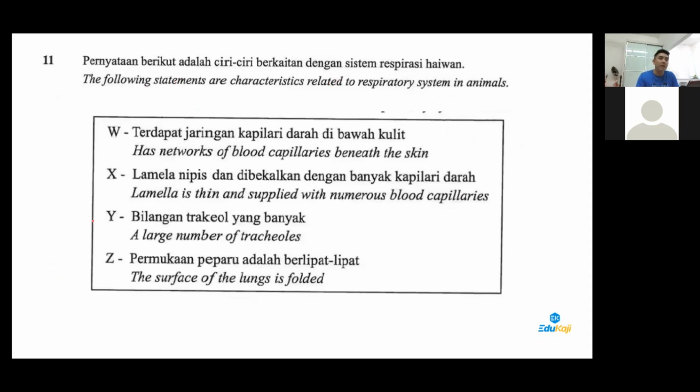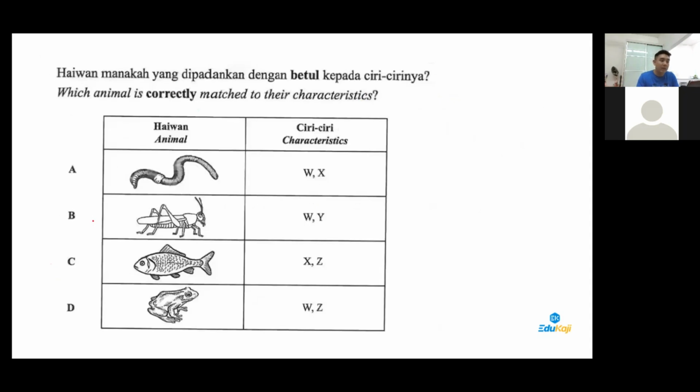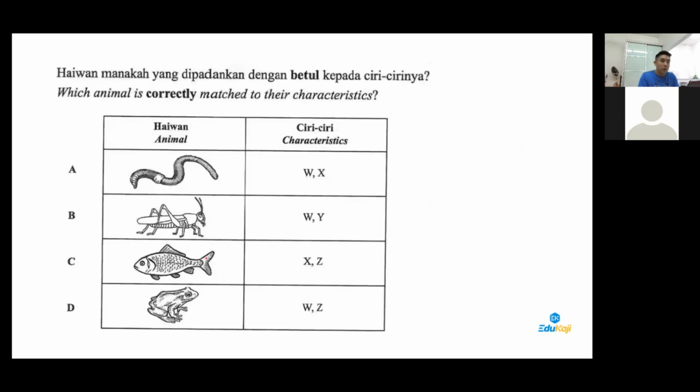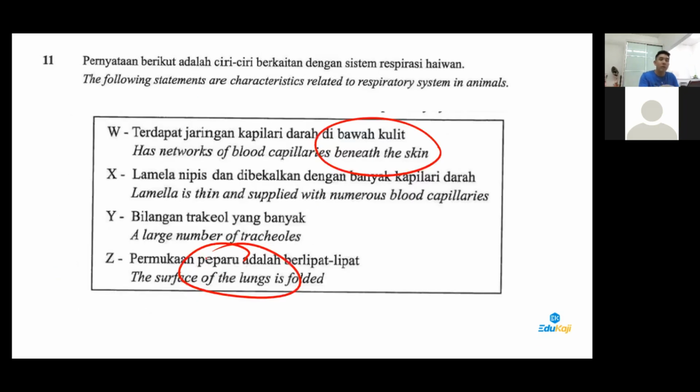Okay, the following statements are related to the respiratory system. Guys, 11 here, because we talk about the skin and then the lungs. So these two are obviously frog, insect, fish.